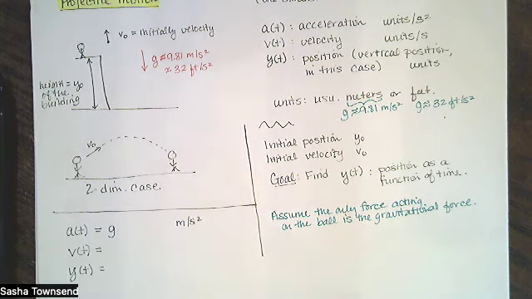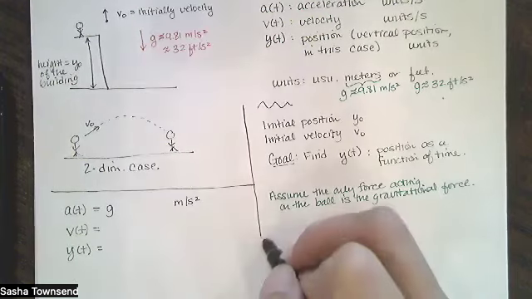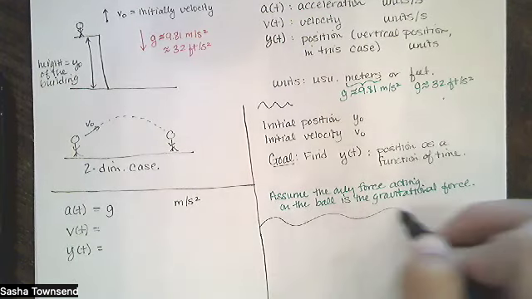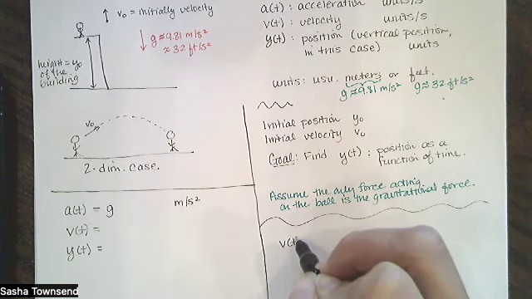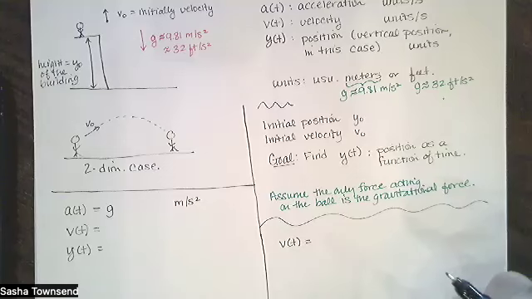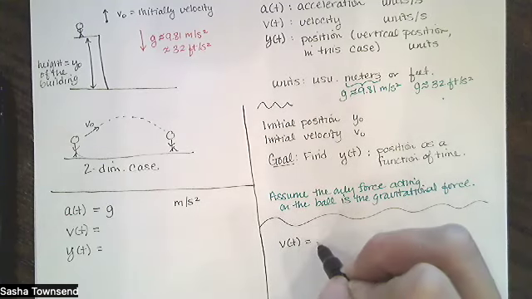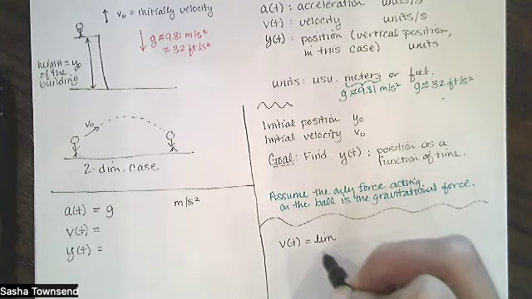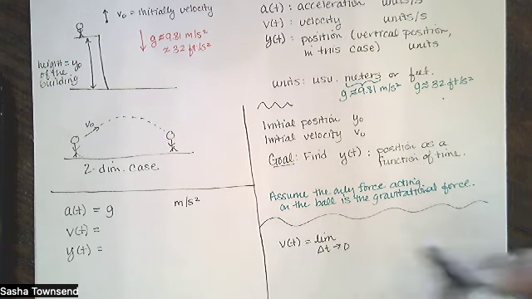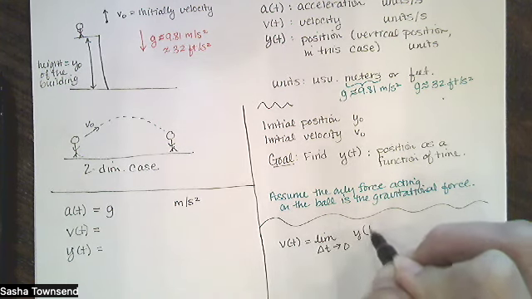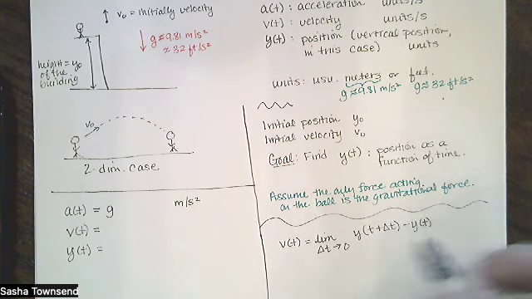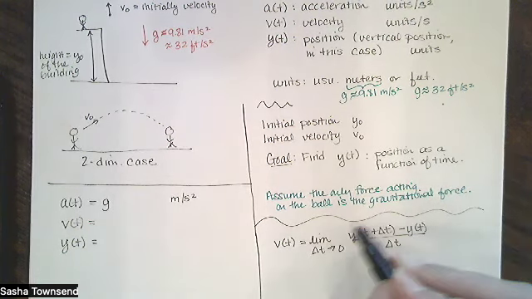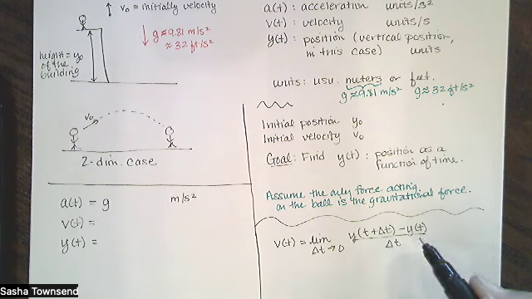You might say, how do you even know that that's true? Well, let's look at velocity as a function of time. Velocity is instantaneous change in position with respect to time. So it's defined to be the limit as delta t goes to 0 of the position at t plus delta t minus the position at time t, all divided by delta t. That gives units of distance divided by units of time.